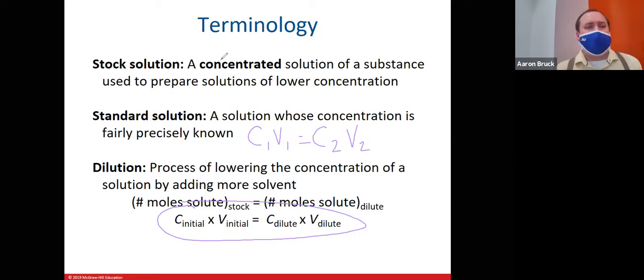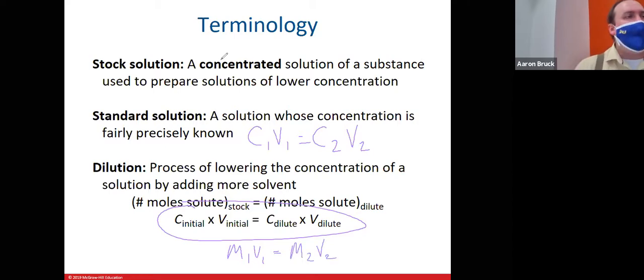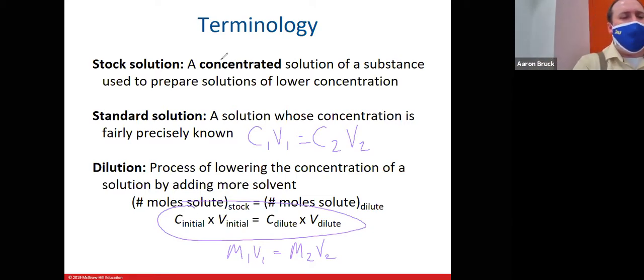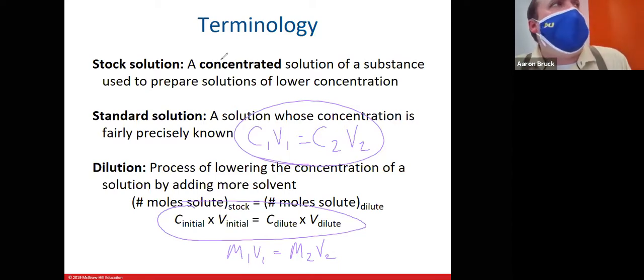If we're talking about molar concentrations, M1V1 = M2V2 is another common form as well. The reason we stick to the ones with the C's, however, has more to do with the fact that this equation is more universal.